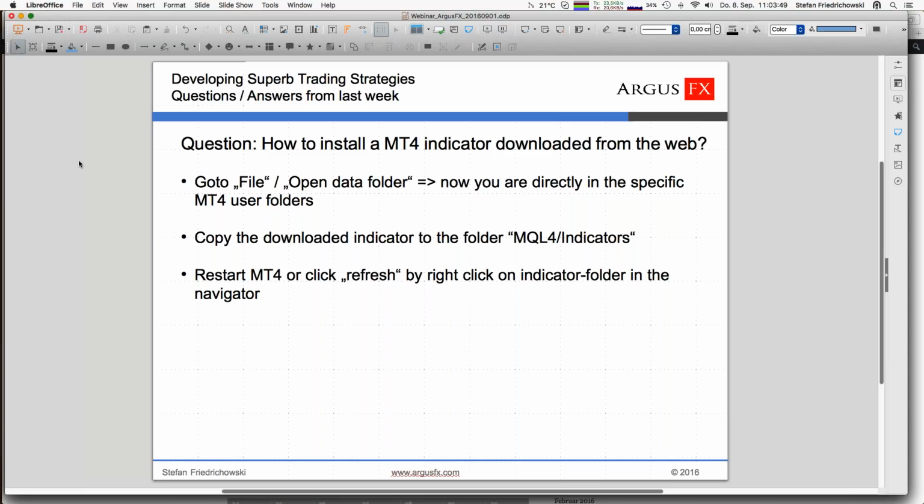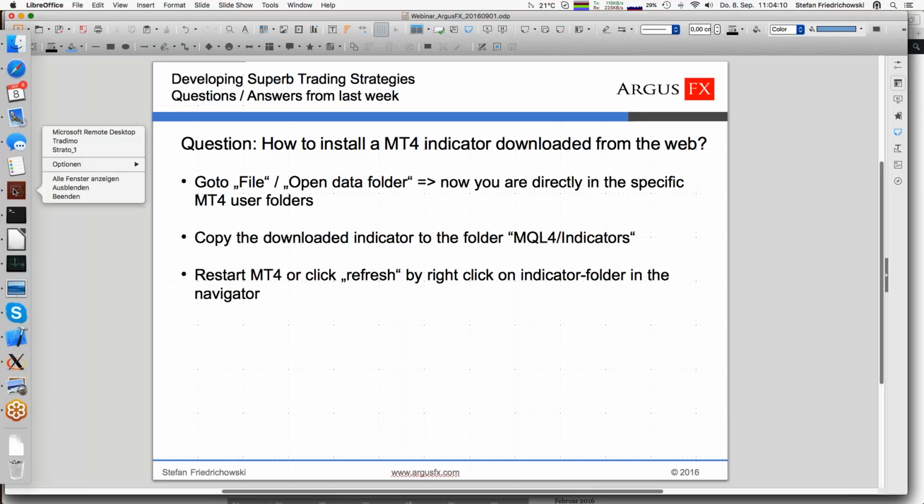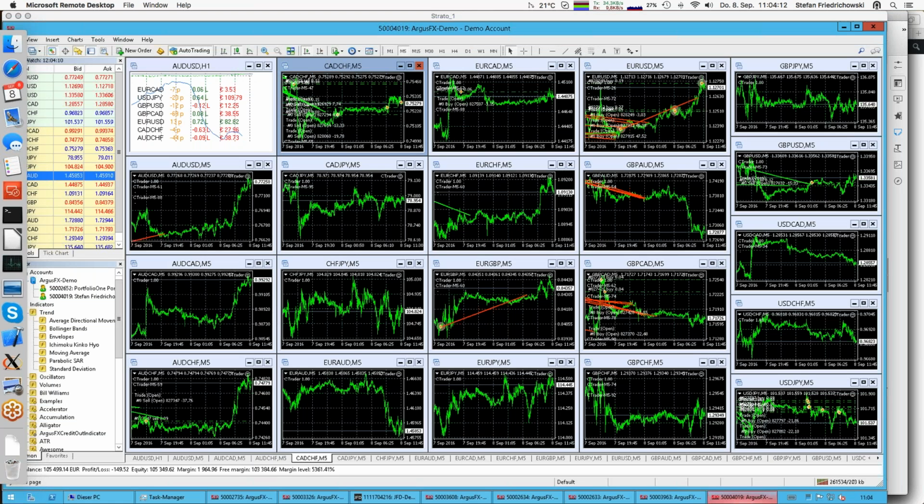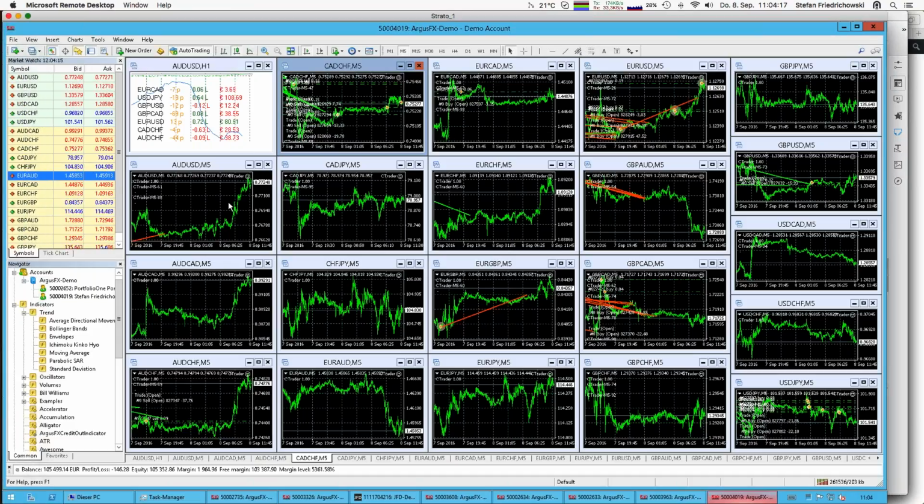But how to get them into your personal MT4 is maybe not as straightforward, but I will show how this runs. In order to have it more common for everybody, I will do it on a Windows computer, not on the Mac which I have here, but I go simply remote to a Windows computer, and there I can show what to do.